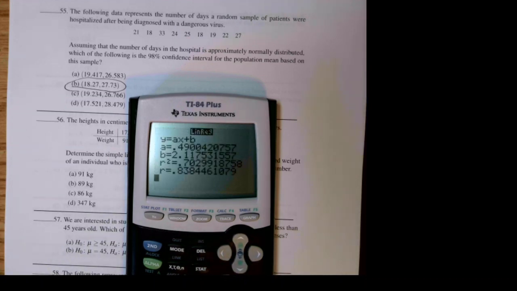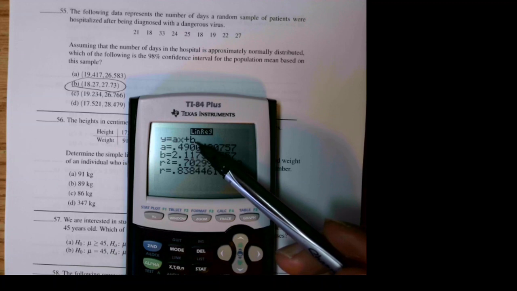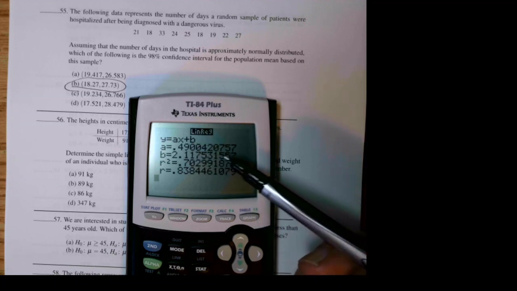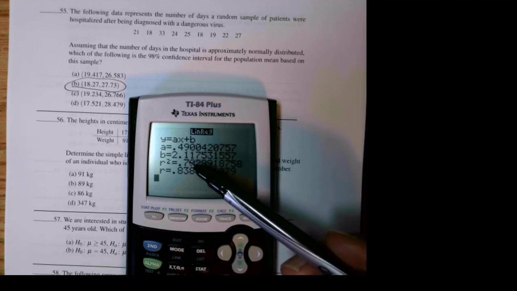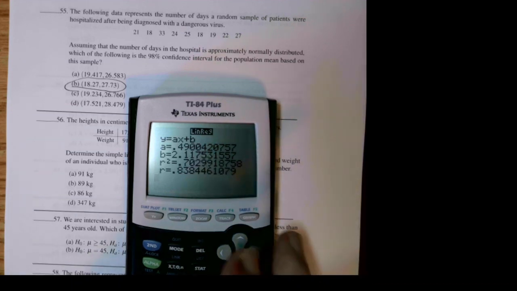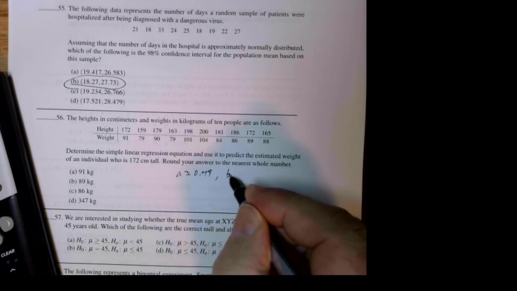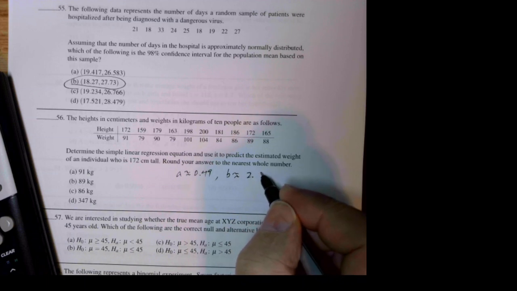Press enter a couple of times, and there are my coefficients. Right? Y equal ax plus b is the line. A is about 0.49, close enough. B is about 2.12, and they're both positive here. Okay.